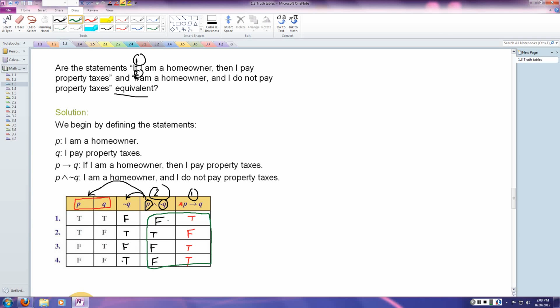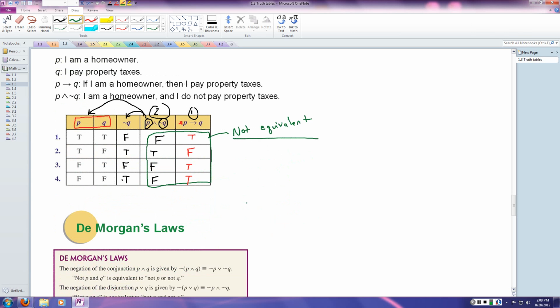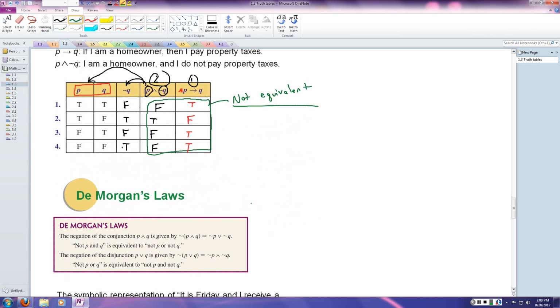Everywhere I have a T, I have an F. F, F, F, T, F, F. This is T, F, T, T. So it turns out that they're not equivalent, but they are negations of each other.